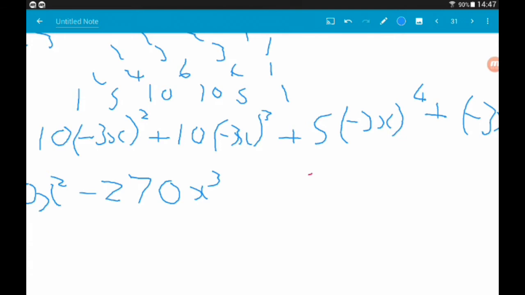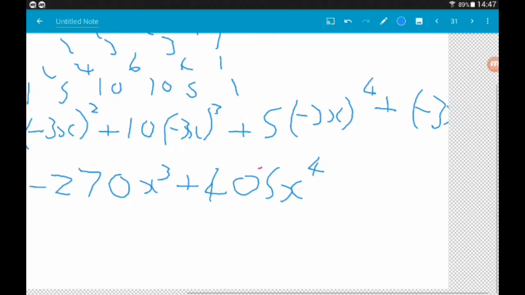Now minus 3 to the power of 4 is minus 3 times minus 3, which is 9, times minus 3 times minus 3. So it's 9 times 9. So we've got 5 lots of 81x to the power of 4. Now 5 times 81 is 405. So we've got 405x to the power of 4.